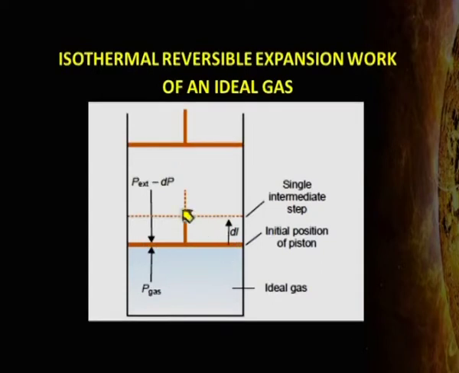If P external is decreased by an infinitesimal amount dP, the gas expands reversibly and the piston moves through a distance dl. Since dP is too small for all practical purposes, P external is equal to P gas, which is taken to be equal to P.